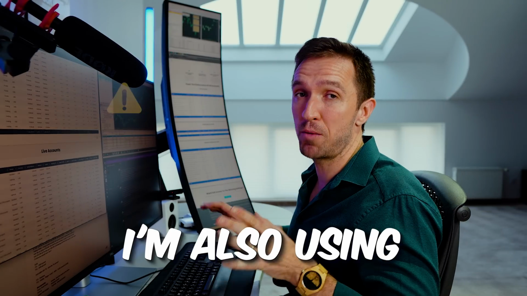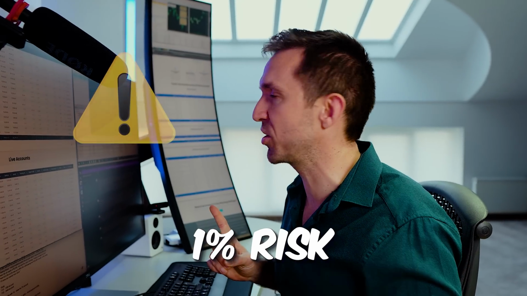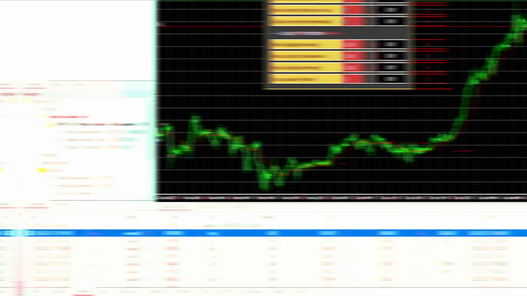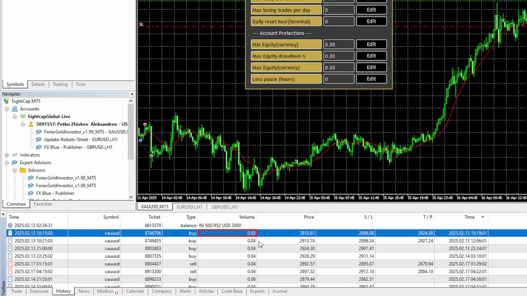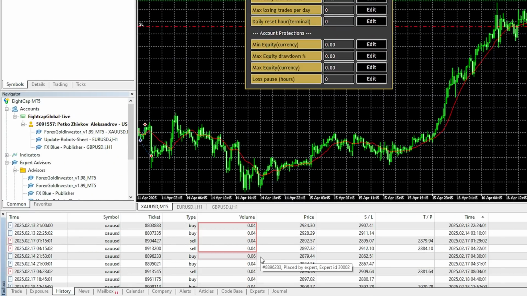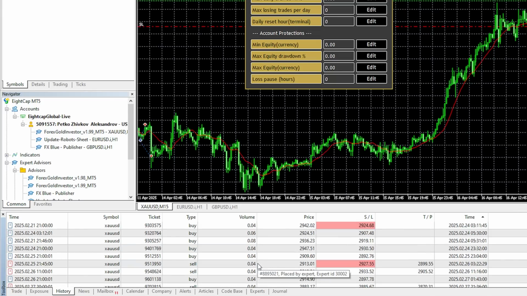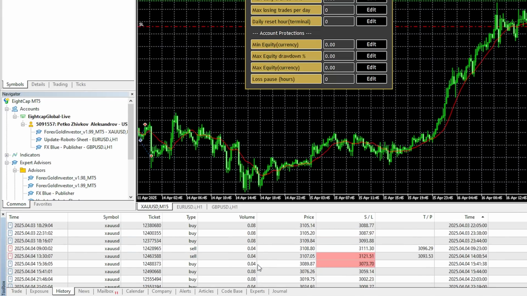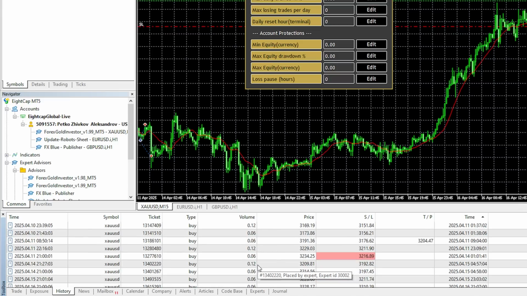And for that account, I'm also using 1% risk. And you will see in a second why that is important. The trading volume is 0.03, 0.04, and it increased to 0.06 at one moment, but that's pretty much the exposure that the Forex Gold Investor is taking in this live account of mine.